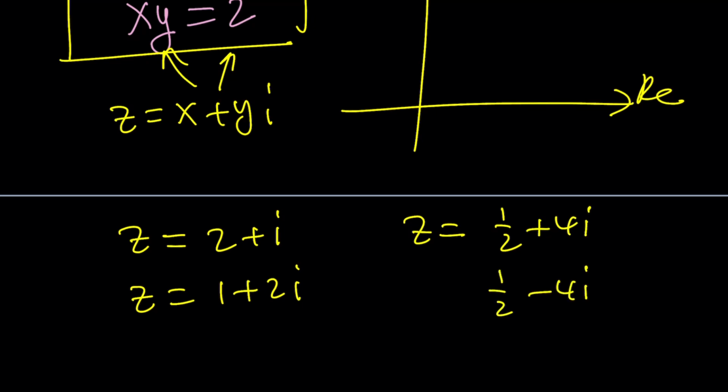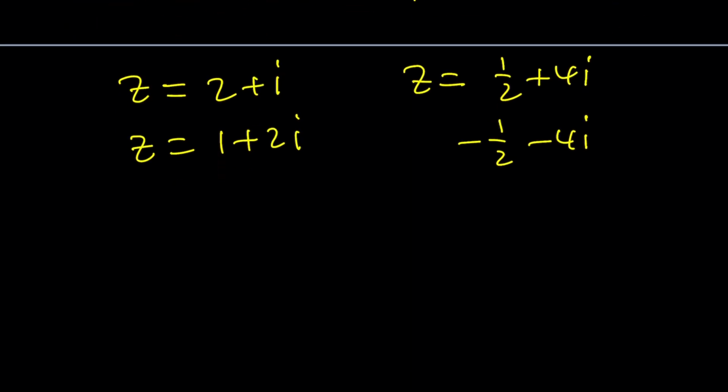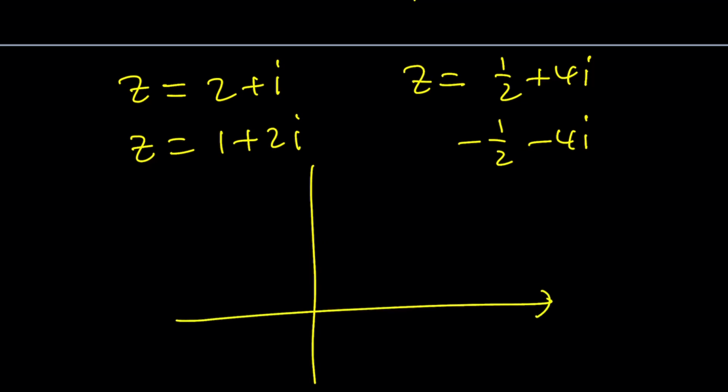Wait, that doesn't work. But if I pick a negative 1/2 minus 4i, yes, they're all going to work. So here's the $1,000,000 question. If I graph these on the Argand plane, what kind of shape would I be getting from this locus or loci, whatever? Locus, locuses, loci.